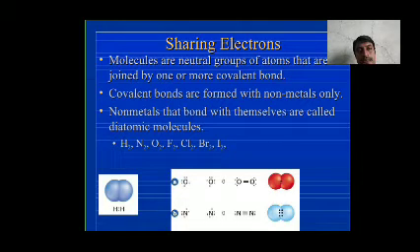Another oxygen atom is the same. The 2 unpaired electrons of both oxygen atoms are mutually shared, forming two covalent bonds between the two oxygen atoms. These two bonds are called a double bond, forming the oxygen molecule.